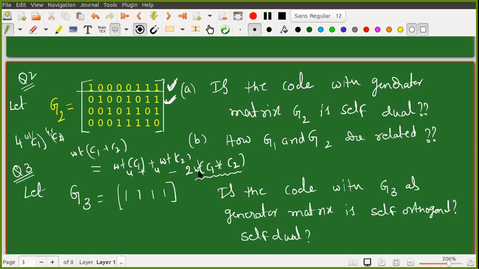Then what can you say about the weight of C1 star C2? Can it be 1? Is it possible that the weight of C1 star C2 can be 1?